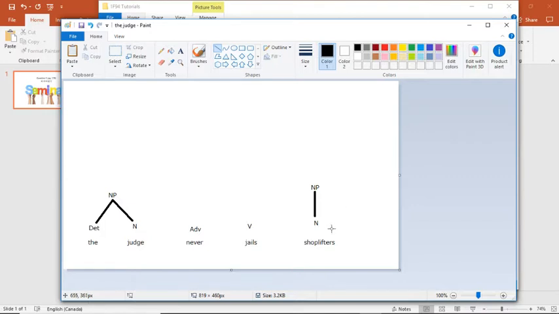And the other check is the substitution check. What that means is that if you were to remove the subject from the sentence and replace it with a subject pronoun, like he or she in the case of the judge, we might say that she never jails shoplifters. We wouldn't say the she, we just say she.